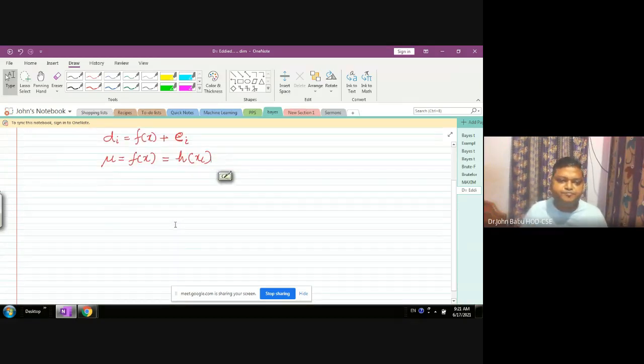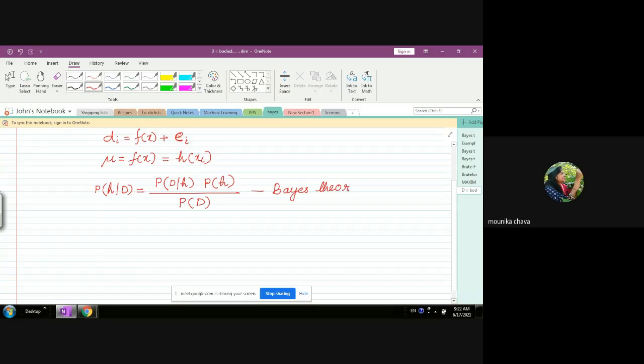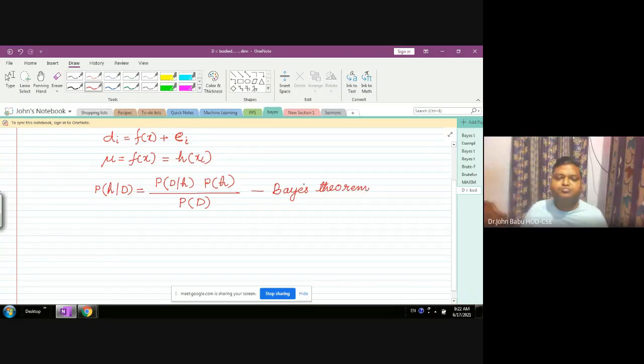What is likelihood? In Bayes' theorem, what is Bayes' theorem? In this equation, which is likelihood? P of D given H. Probability of data given the hypothesis.